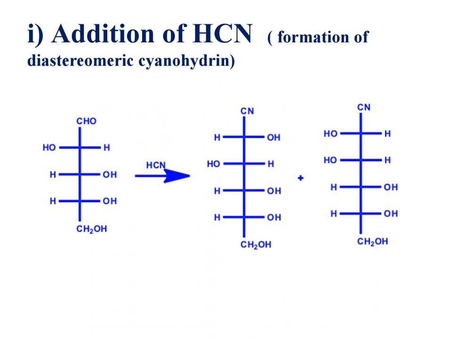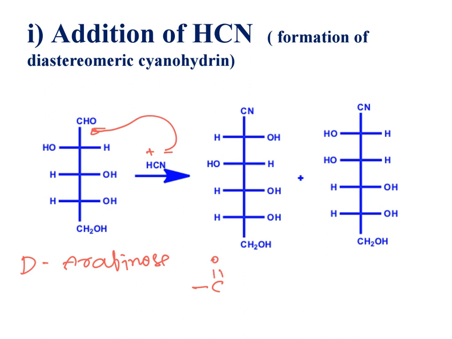The first step is addition of hydrogen cyanide to D-arabinose. I have taken D-arabinose and I am adding hydrogen cyanide, and you know that cyanide can dissociate in this fashion: H+ and CN-. CN- acts as a nucleophile and undergoes a nucleophilic addition reaction with the carbonyl group CHO. As a result, it generates a hydroxyl group. This is called a cyanohydrin.